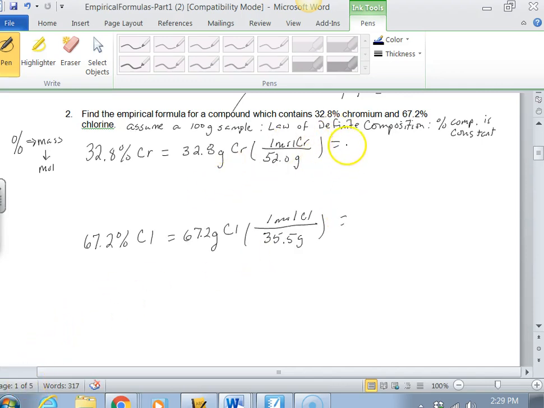Taking care of the division, for chromium, 32.8 divided by 52 comes to 0.631 moles of chromium, and then 67.2 grams divided by 35.5 grams is 1.89 moles of chlorine. We then divide by the smaller, 0.631, dividing each of them by that same number.